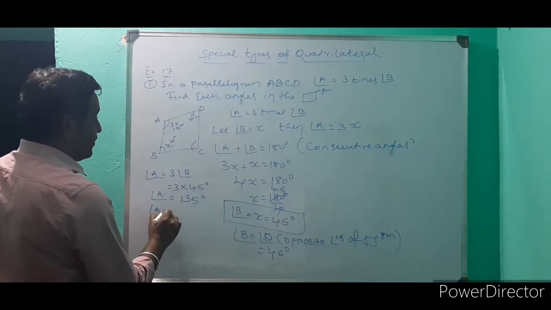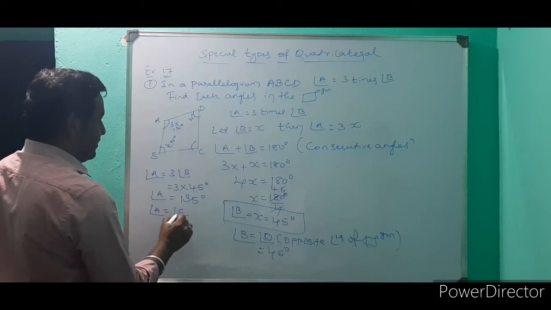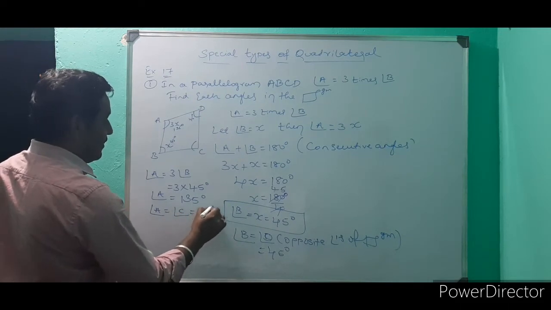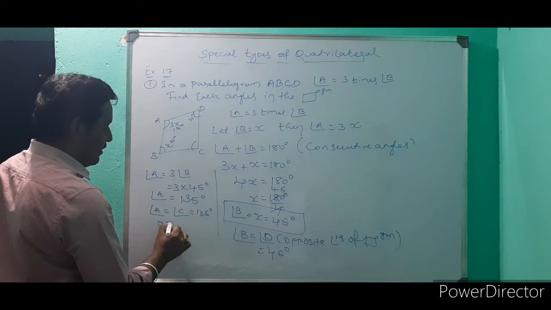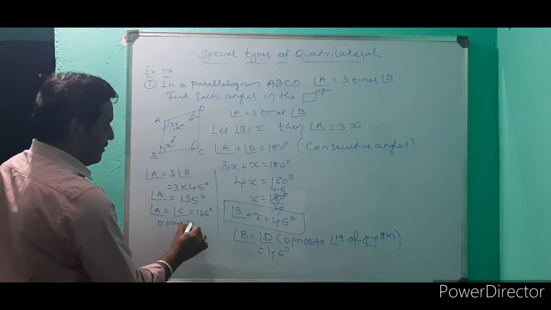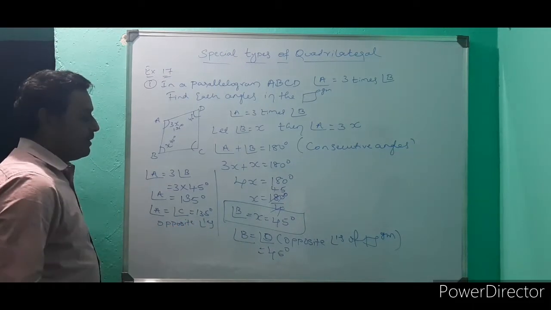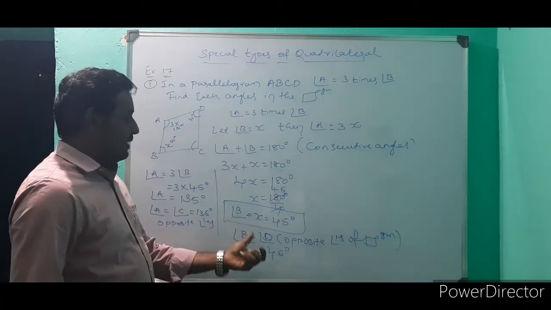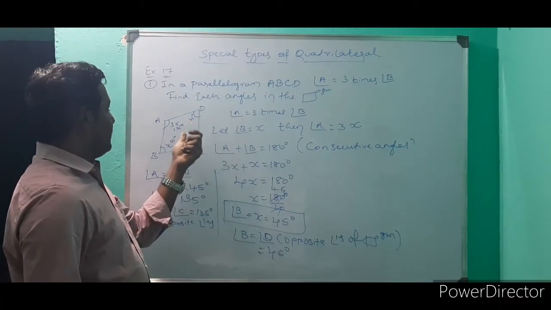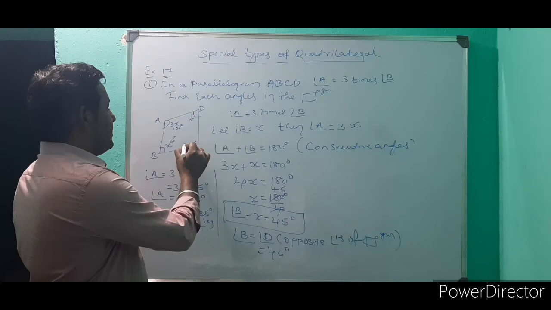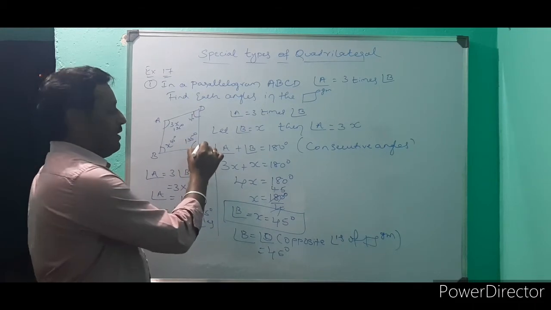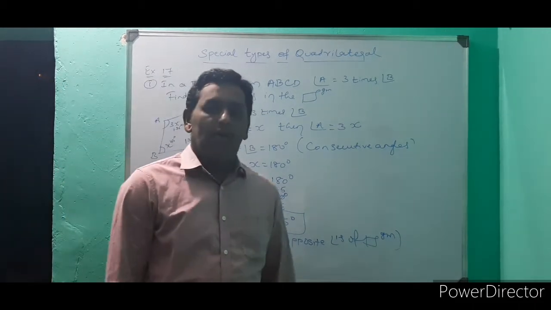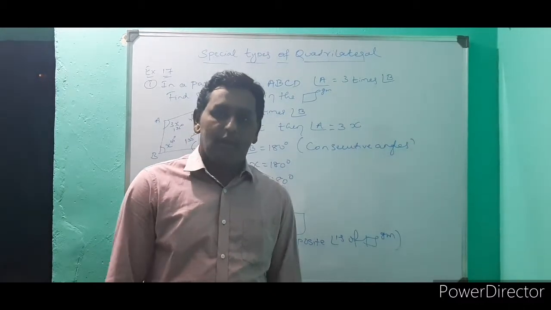Angle A is equal to angle C, which is 135, because of opposite angles. So angle B and angle D are 45, and angle A and angle C are 135. Like that we can easily find all the angles in a parallelogram.